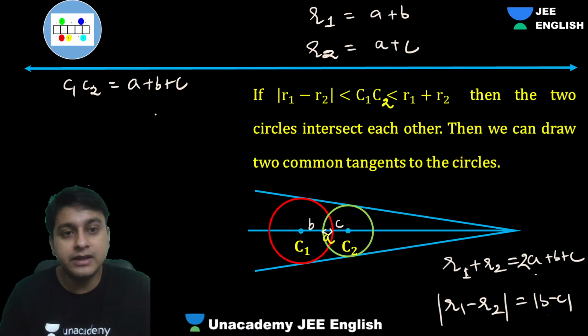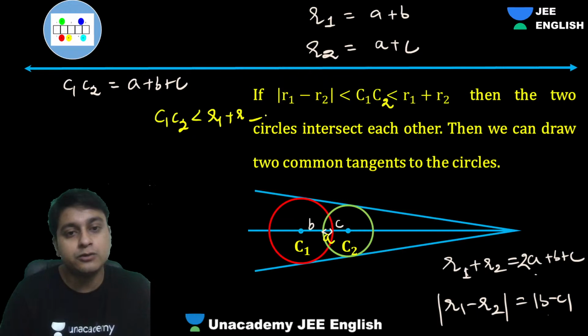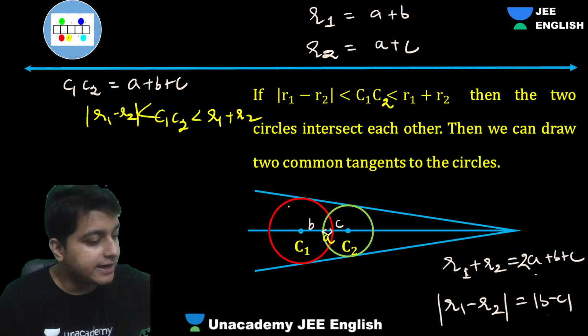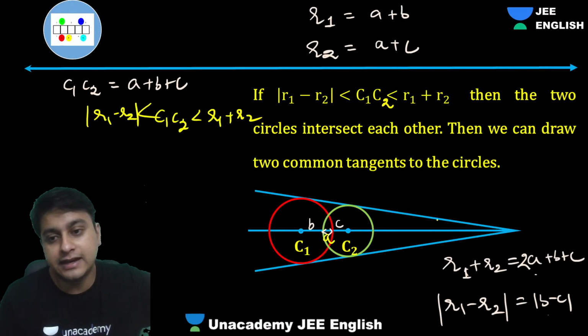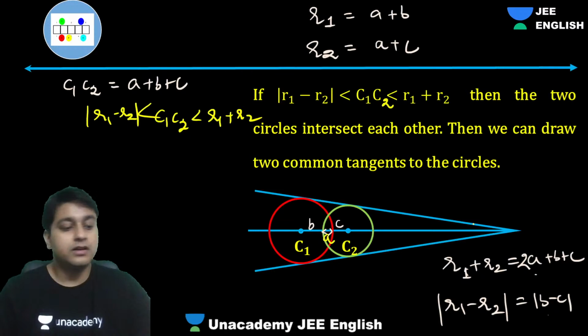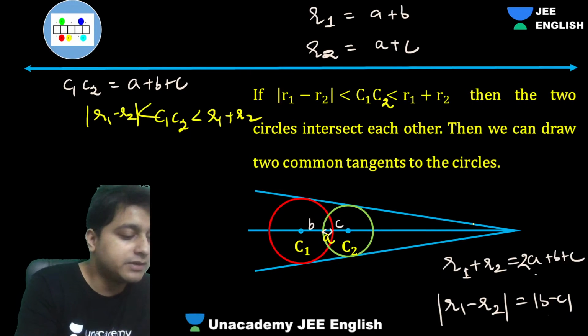Can I say that C1C2 will be definitely less than R1 plus R2 and more than mod of R1 minus R2? So we can draw how many common tangents, guys? This is very sure: we can draw two common tangents. Great. Amazing.